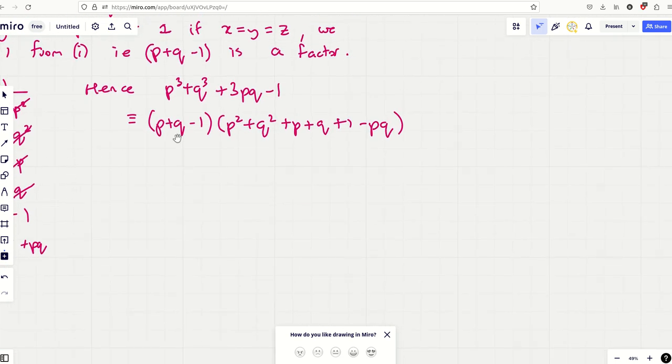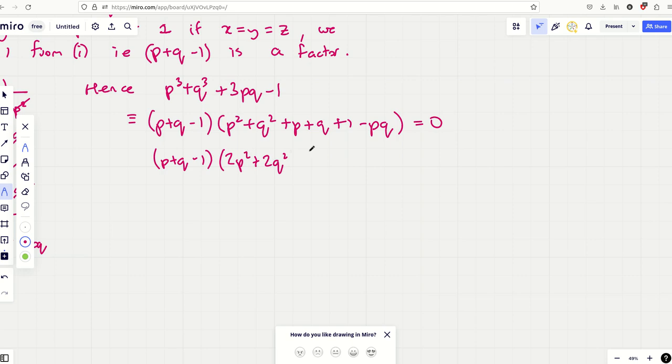Okay, right, what have we got here? Well, remember, this equals 0, yeah? So I'll keep writing down this just so I can write the conclusion nice and clearly in the end. What I'm going to do is double both sides of this. So I'm going to turn this into 2p squared plus 2q squared plus 2p plus 2q plus 2 minus 2pq.